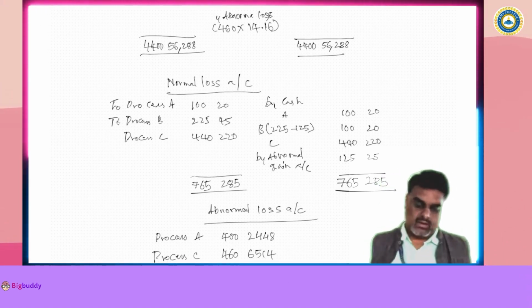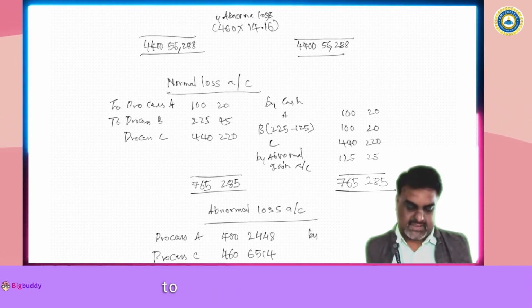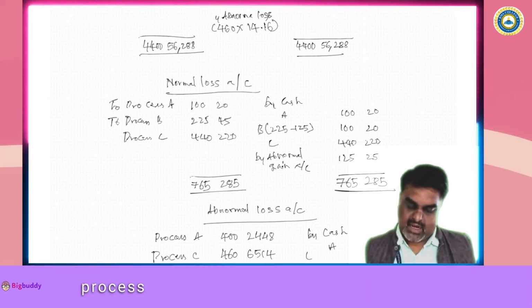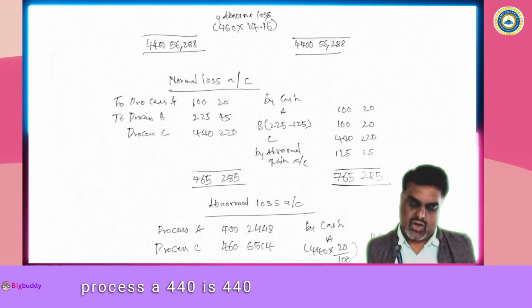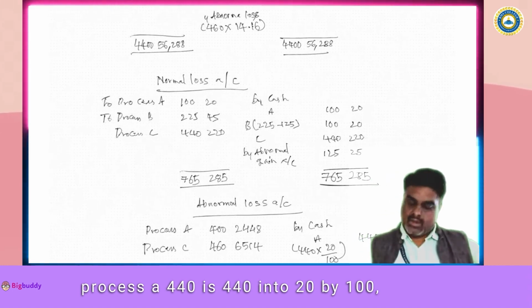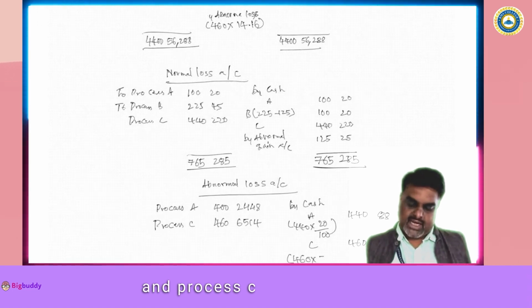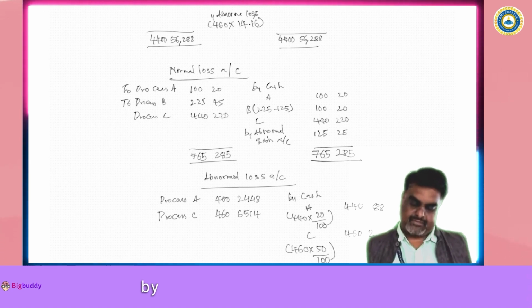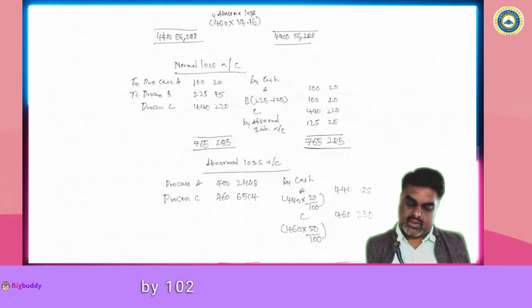6514. These abnormal losses we will have to realize. Write down by cash. Process A, 440 into 20 by 100. Yes. You get 88. And process C, 460. So 460 into 50 by 100, 230.